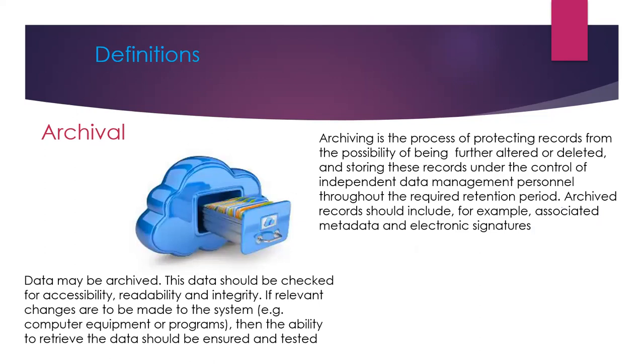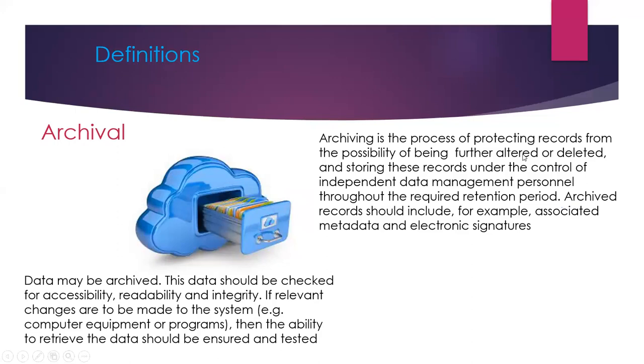Archival data. This data should be checked for accessibility, readability, and integrity. If relevant changes are to be made to the system, for example computer equipment or program, then the ability to retrieve the data should be ensured and tested.